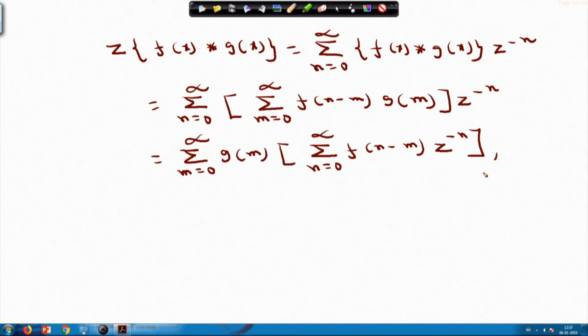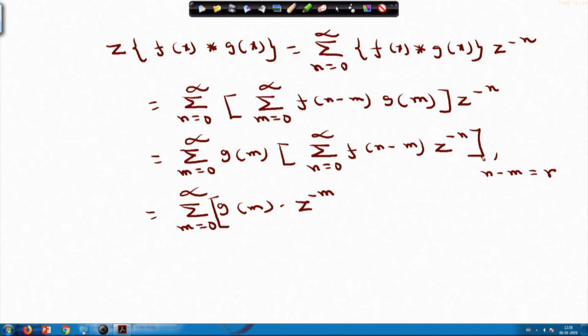Now, here you substitute n minus m equals r, say. If I substitute this, n minus m equals r, then this will become summation m equals 0 to infinity g m into, I can put the entire thing within a bracket, z to the power minus m will come here, n is replaced by r plus m. So, z to the power minus m will come, then summation r equals minus m to infinity f of r into z to the power minus r.